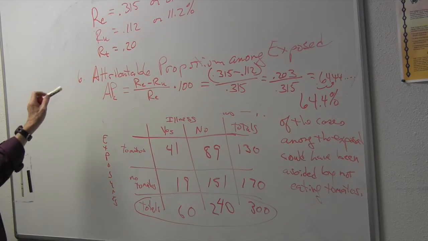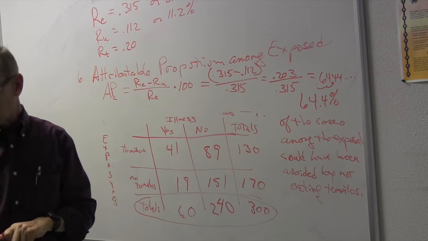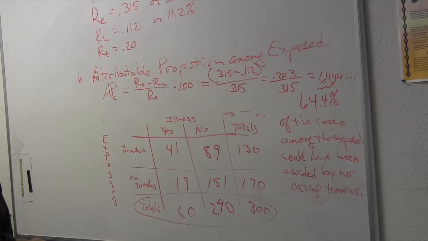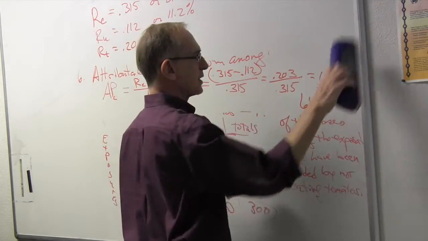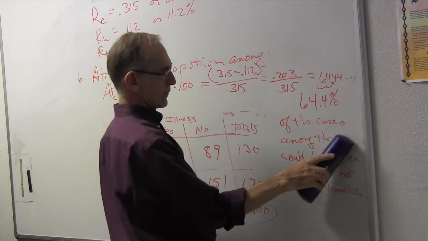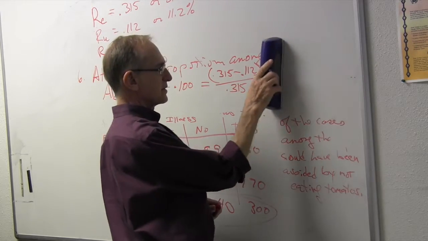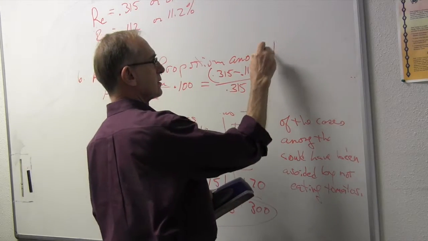Okay, so sometimes we're asking attributable proportion among the exposed, but sometimes we're asking the attributable proportion among the total population. So the whole thing is very similar, except now we use the rate in the total population.